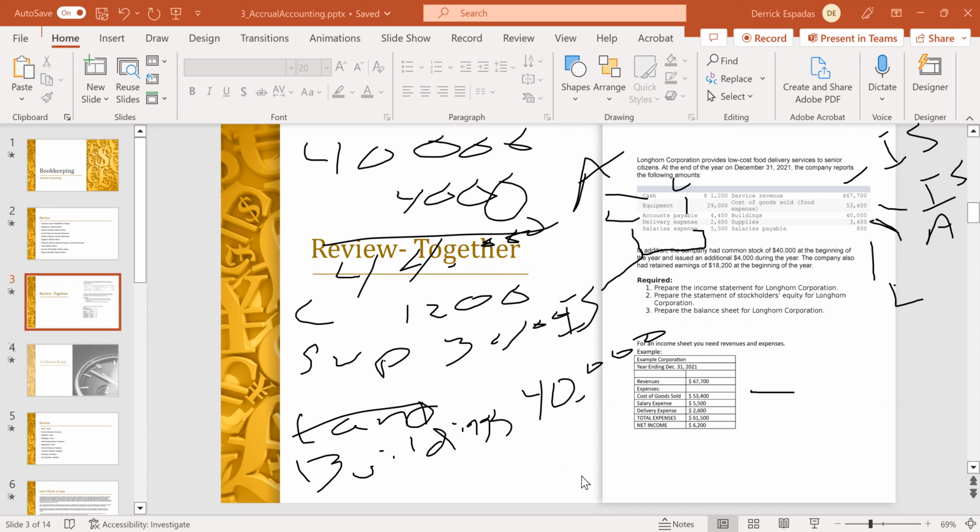We also add our retained earnings, and it does say we have retained earnings of 18,200. So we would add that up with the 44,000 plus 18,200. I'll let you add it up, and that gives us the total of our shareholders' equity.